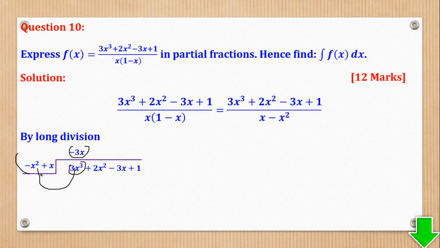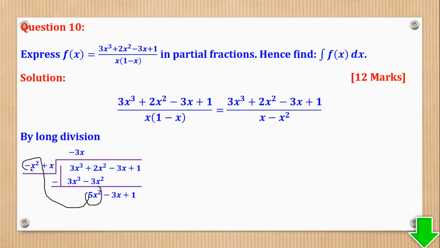Now negative 3x times the whole of this, you come up with 3x cubed minus 3x squared. Then repeat the procedure. Sorry, subtract. When I subtract, this goes away. I'll remain with this. Do the same. This divided by this, you come up with negative 5. So negative 5 times the whole of this divisor, you come up with that. Subtract.